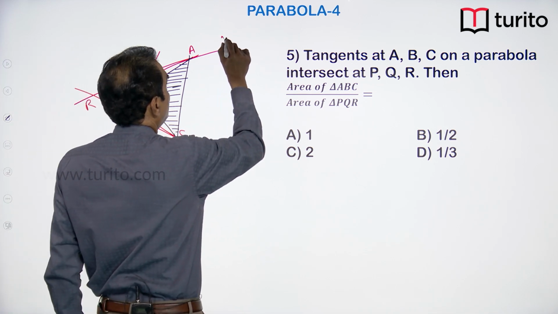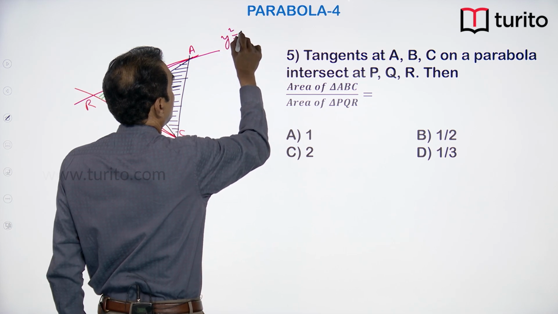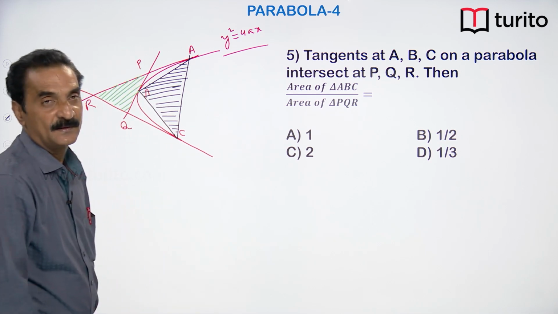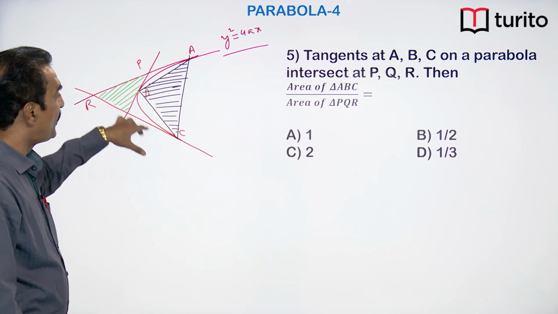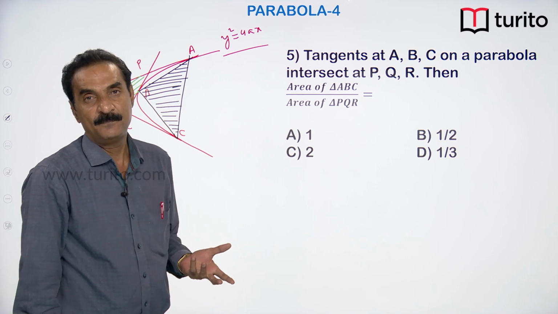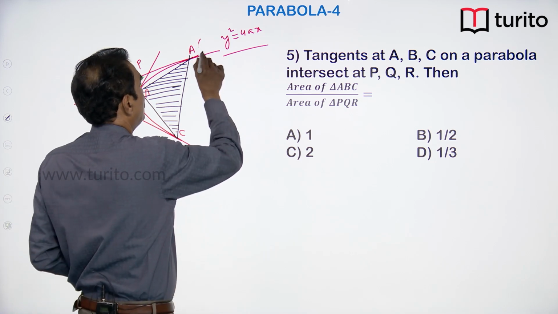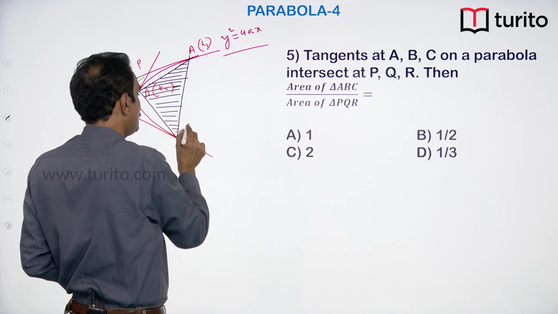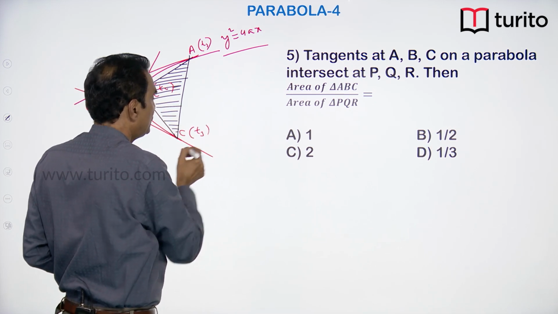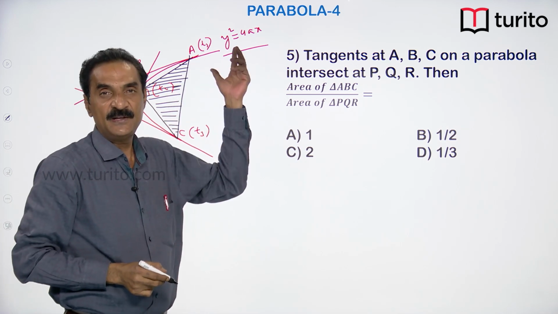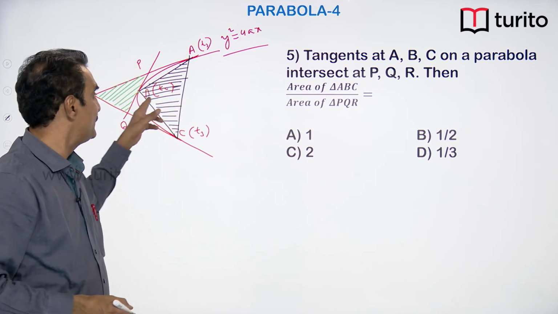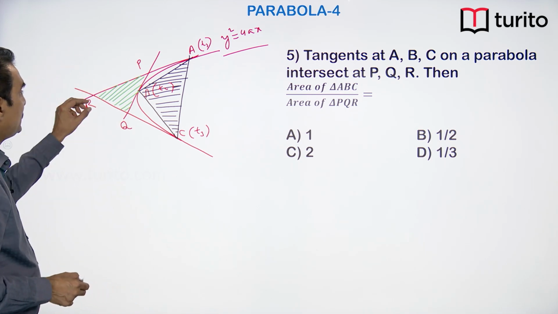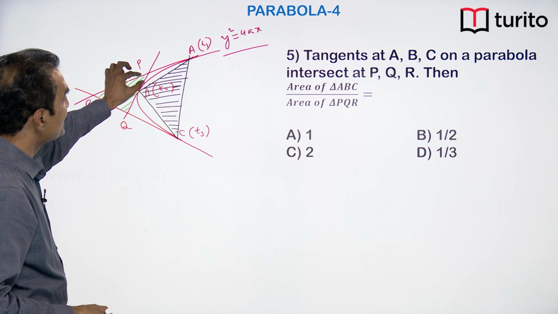Let the parabola be y square is equal to 4ax. Then how do we take the points in parametric form? t1, t2, t3. t1 means A at1 square, 2A t1; t2 means A t2 square, 2A t2; similarly A t3 square, 2A t3. Then what is the formula for the point of intersection of the tangents?